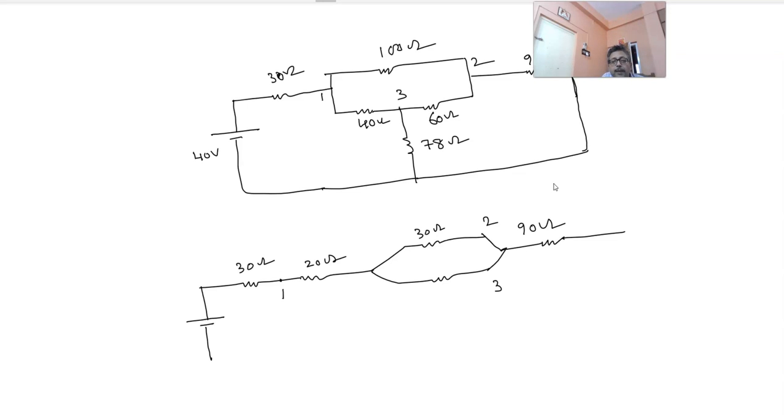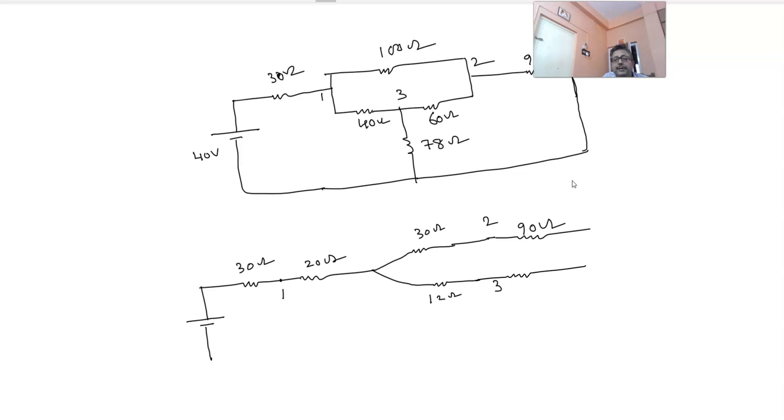Okay. But I did some mistake over there, this will be definitely 30 ohms. So that this point remains 2. Now this 2 point will be added to 90 ohm resistor. 3 ohm will be added to 78 ohm resistor. Then it will go like this. Understood?